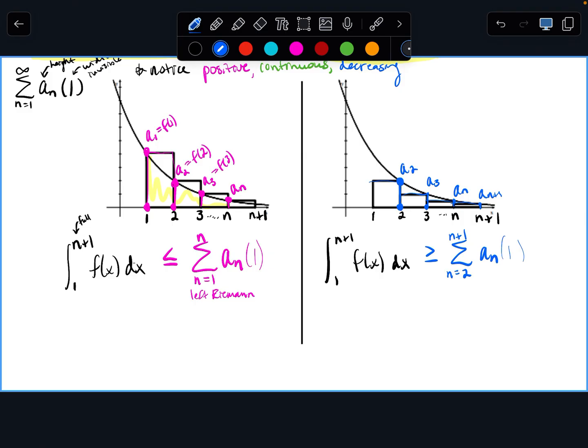So now this part's maybe a little weird, but what I'm going to do is add, to make these equal, because my sigmas don't match right now, right? I'm going to add this first guy in. I'm going to make it start at 1. So I'm going to add a sub 1 to both sides.